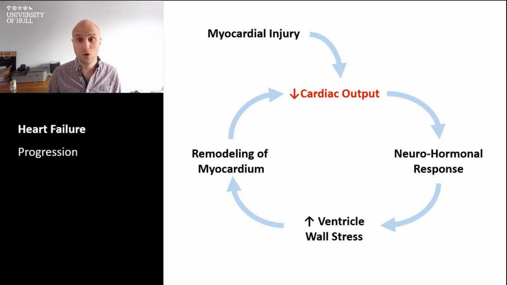This results in a drop-off in cardiac output and stimulates a response of all the normal processes that we have to maintain cardiac output and tissue perfusion, things like the baroreceptor response, things like the renin-angiotensin-aldosterone system. But in doing so, these place extra stress on the wall of the ventricle and bring about remodeling of the myocardium, which ultimately means that it works less effectively, either doesn't fill as well or doesn't eject blood as well.